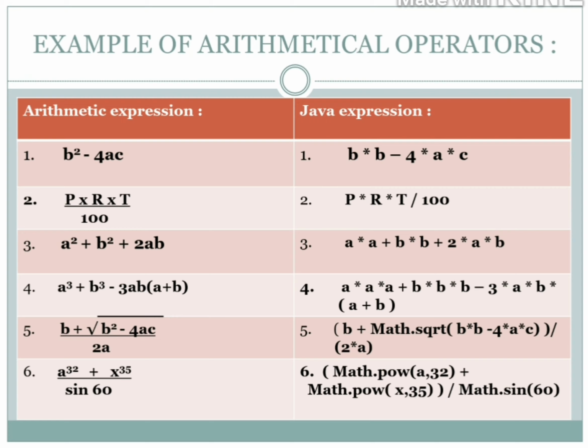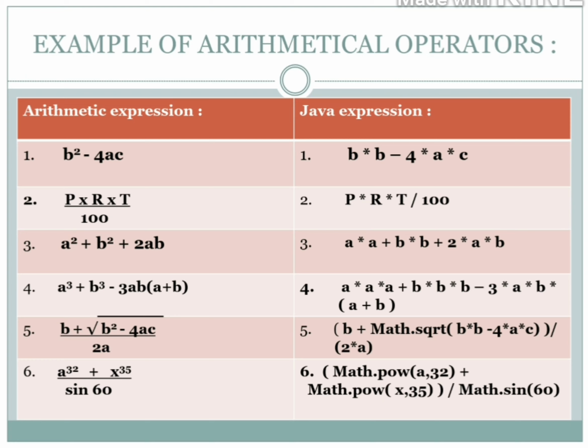But when we are dealing with machines, we have to specify each and every common and small thing to the machine, so that the machine can provide us a proper result. That's why we have to specify b two times, means b into b minus 4 into a into c. The same way I have provided you different things.